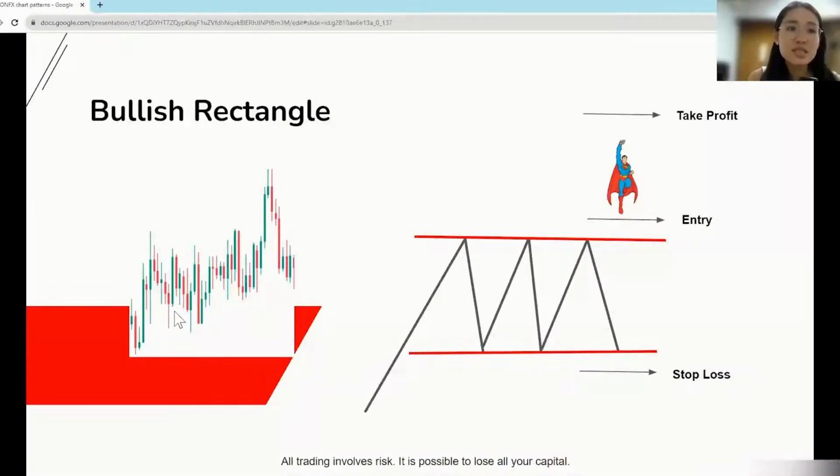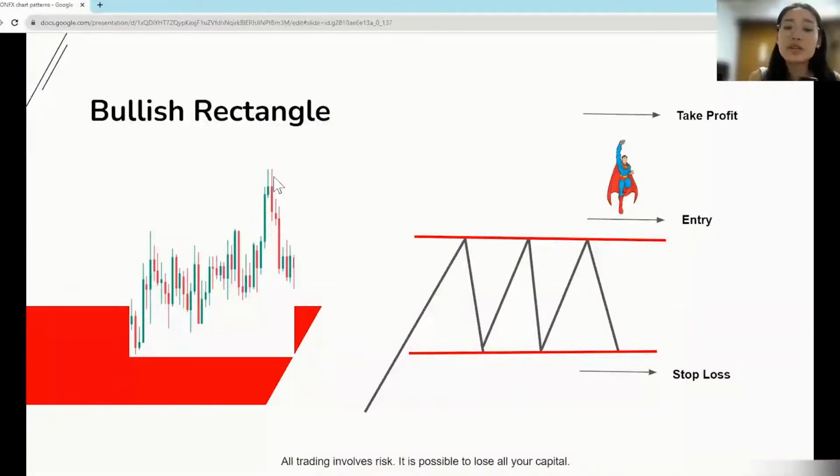If you connect this area here, it's pretty easy to spot. It's just about the same length of candlesticks and wicks. So our entry would be the upper boundary, and our stop loss would be the lower boundary. Then we're expecting price to break out of this consolidated area and hit our take profit. Okay, so that's for a bullish rectangle.